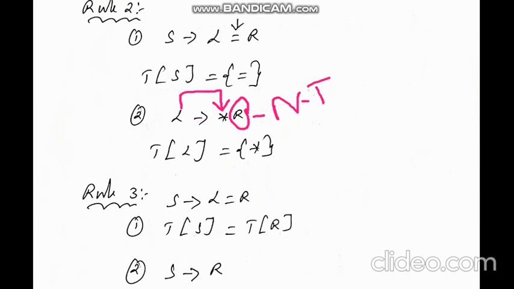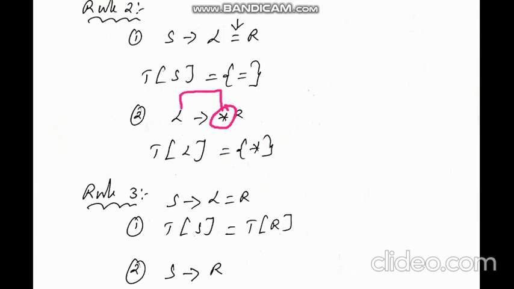S tends to asterisk R. The mechanism here is that after a terminal, it checks whether we have any non-terminal after that, and then this particular asterisk will be called in this particular rule. I hope you understood. Now this particular rule has been enhanced and applied for this particular grammar in a given grammar. So I am taking this trailing of L, here it is, trailing of L is equal to asterisk.